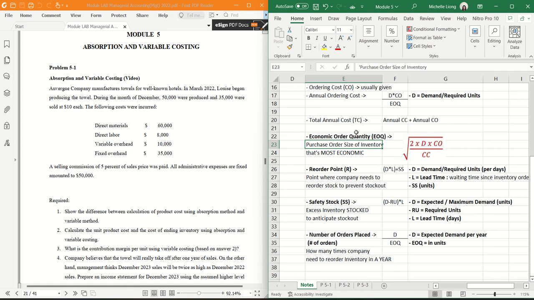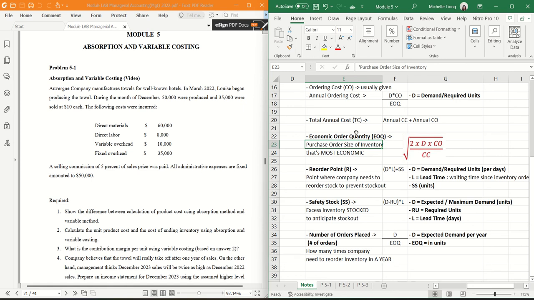Why? Because it's the most economic one. Let's say you order only 500, it'll be more expensive and it's not economic enough for your production later on, and it will make the price maybe even higher. So it's not economic enough.